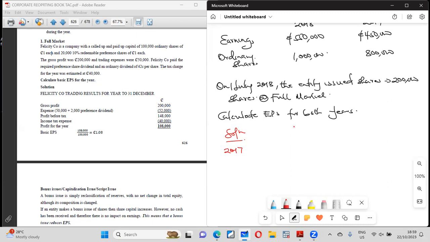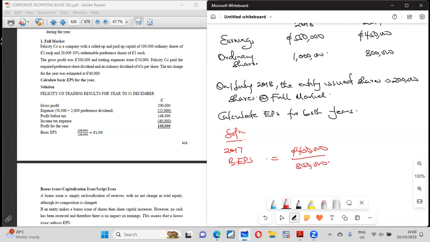Emmanuel, what's the formula? The formula is the profit after tax less preferential dividends, which is the earnings, over the weighted average number of ordinary shares. So in this case, what are the figures we are using? 2017, our earnings was 450,000, and our shares was 800,000.